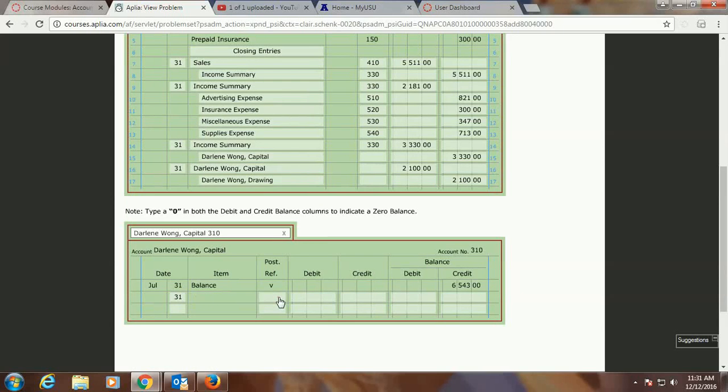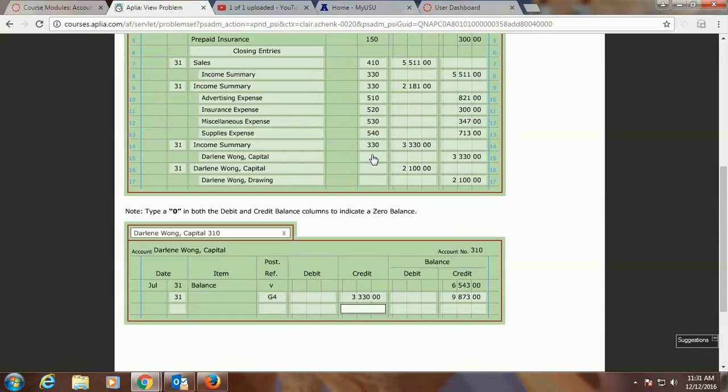On the 31st, it's G4. Looks like it's a credit for 3,330, and then I'll increase it. So I take the 6,543 plus the 3,330, and that gives me a new balance of 9,873 even.